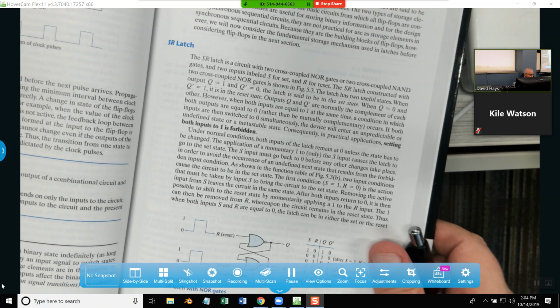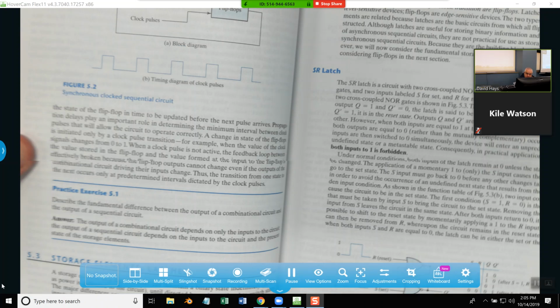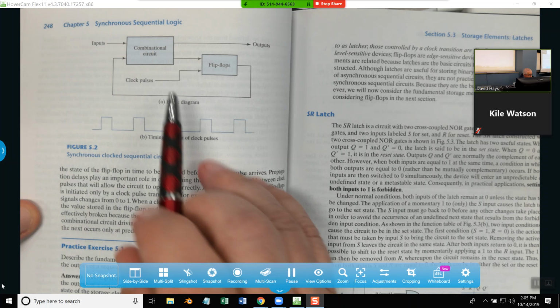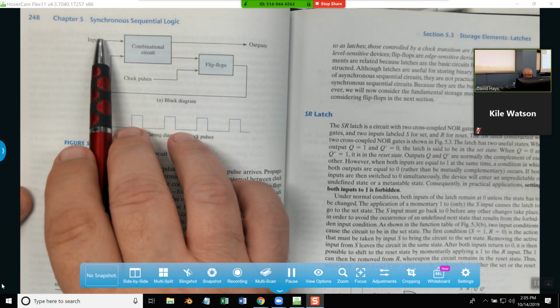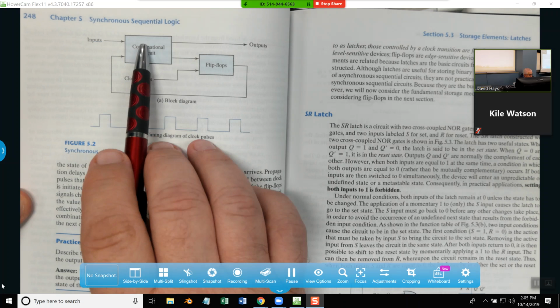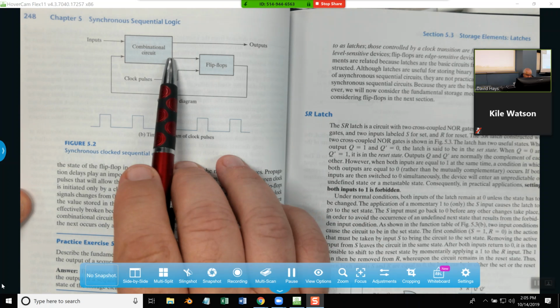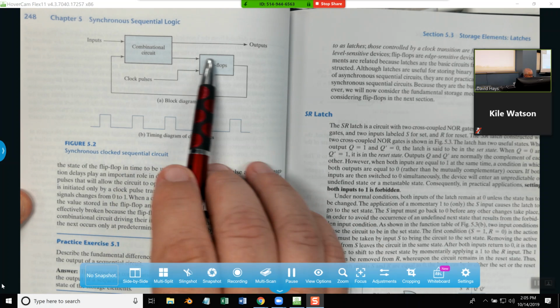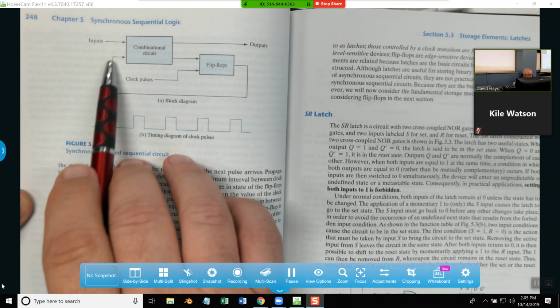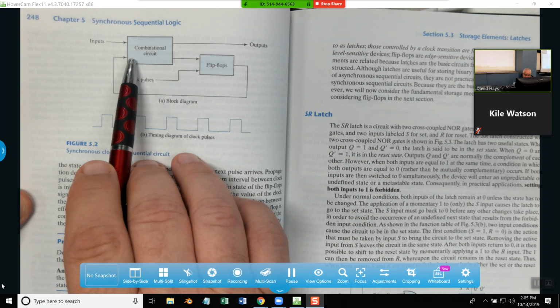Here's another one. You get your inputs coming in here, and then your outputs, but then the output from this combinational circuit comes through these flip-flops and circles back around to the input. I think that picture probably helps point out the biggest difference between your sequential and your combinational.